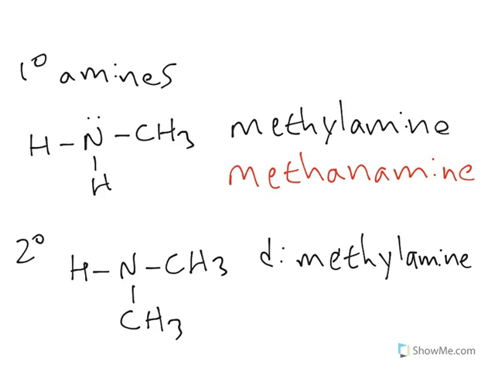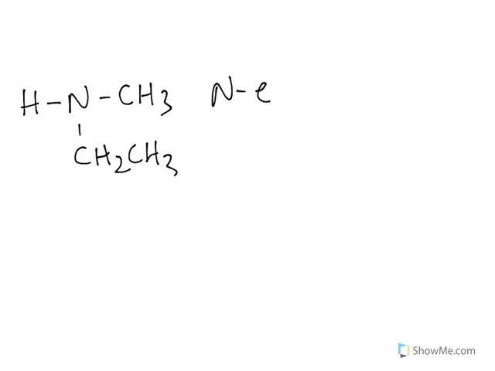So we have two methyl groups that they're the same. So if they're different, right, we choose the one that goes first alphabetically. So this would be N-ethyl. All right, so we have to put the N there because we have to indicate that the ethyl group is on the nitrogen, and then we'd say methylamine.